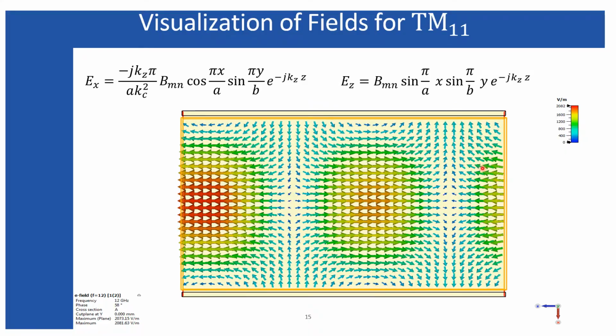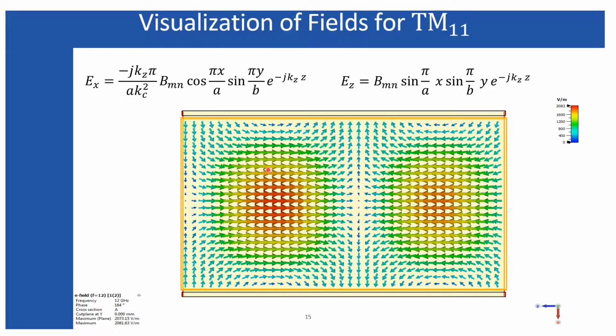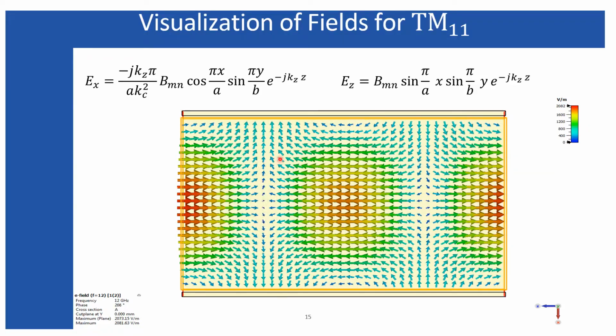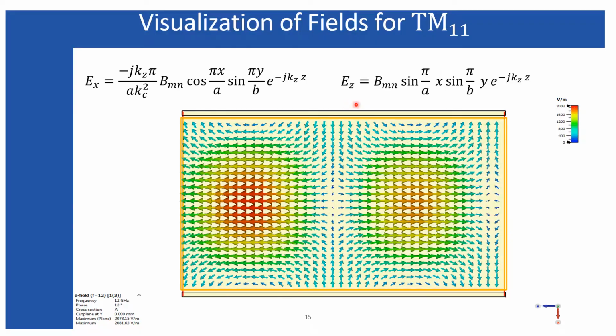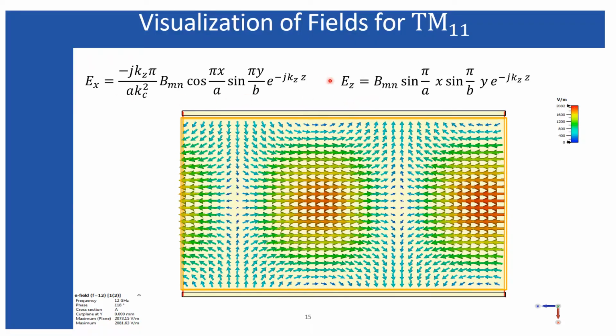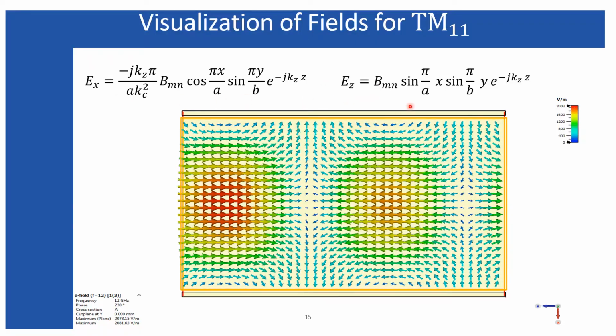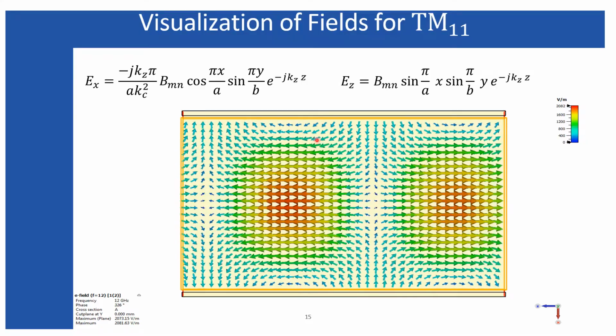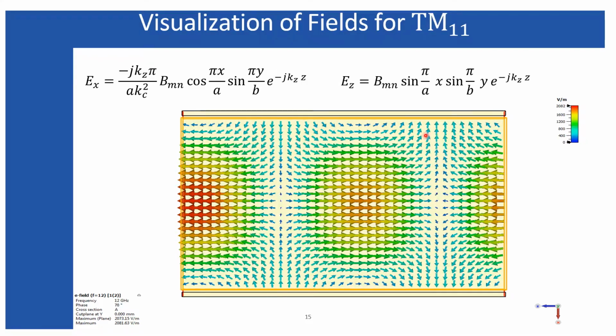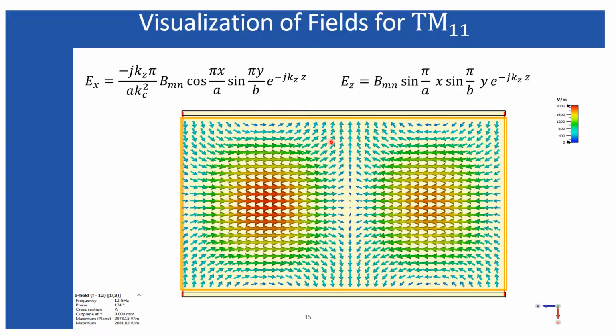Now the wave is propagating along the z direction, that is confirmed, and while propagating, the wave is comprised of two vectors on the xz plane, and you can see that the vectors are rotating. These arrows are representing the vectors and they are rotating.